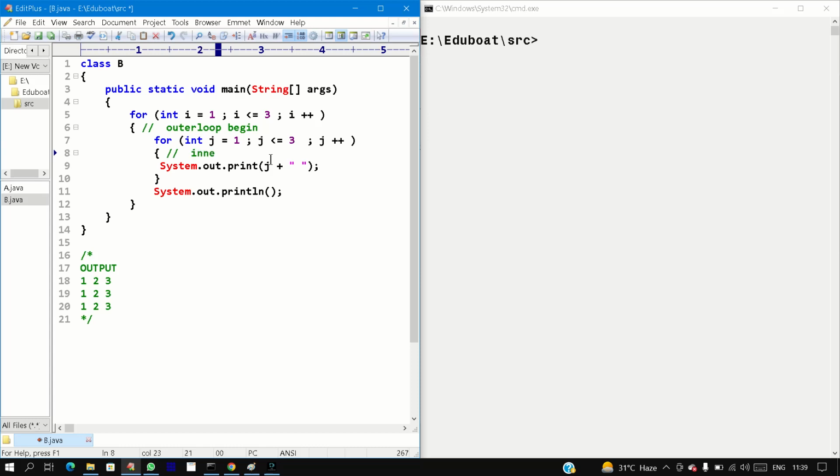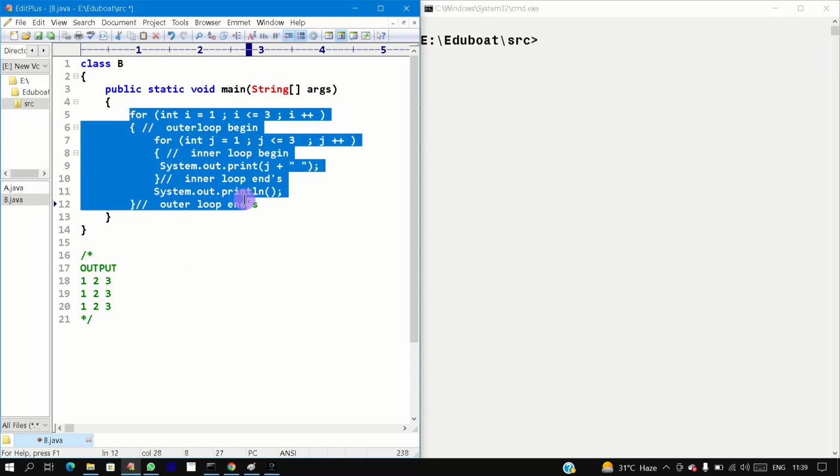This is the inner loop begin. This is the inner loop ends. And this is the outer loop ends. This is the whole body. Okay, this is the whole body of the main method.